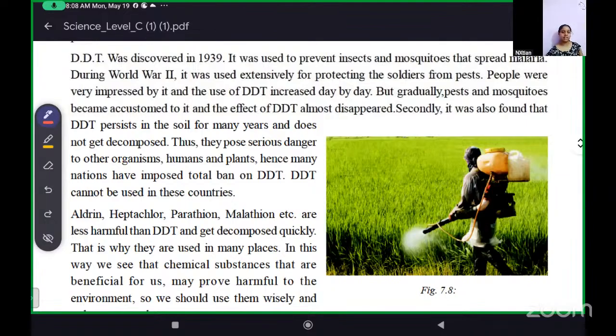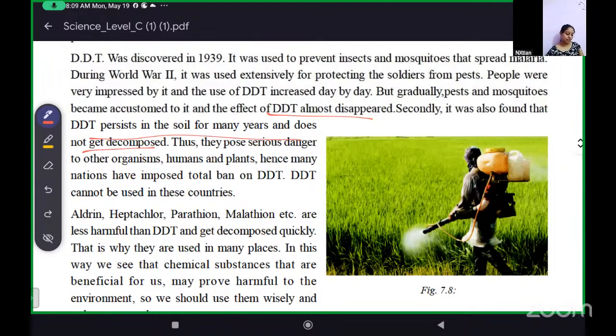There was excessive use of DDT, but then it was later discovered that DDT is harmful also, and that insects and mosquitoes become accustomed to it, and then it was found out that it does not get decomposed.